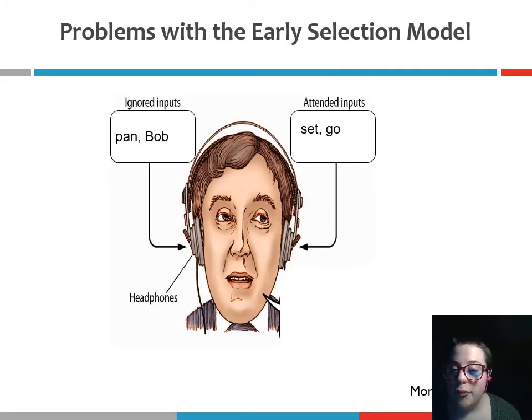Okay, so I mentioned in my last lecture that there is a phenomenon called the cocktail party effect, right? The way that the cocktail party effect manifests is you're at a party where you're deeply engrossed in conversation with friends.